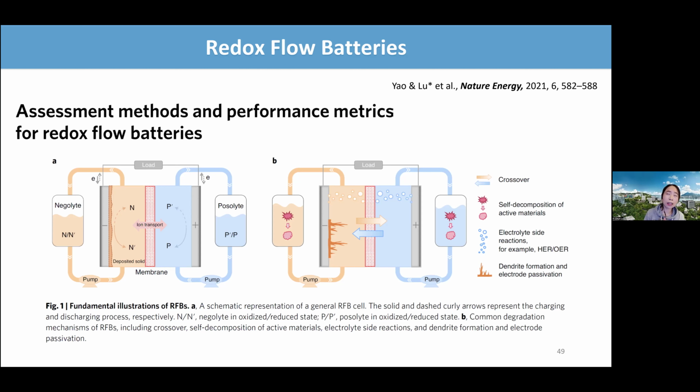So today I only discussed the all-liquid type, but a lot of times you will involve zinc metal as one side, and so you may look into dendrite formation and so on. And so I believe this is a little bit on the educational side, and will provide some insights into how to test and how to find out why the battery is decaying and what we should pay attention to.